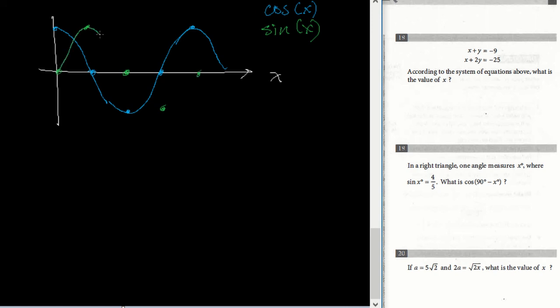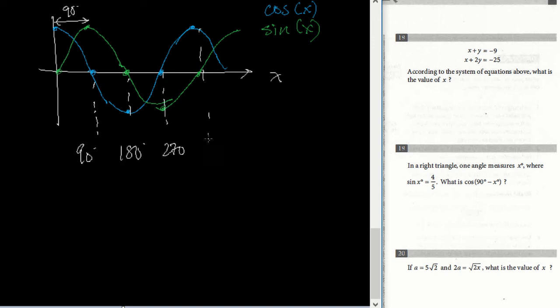So we have something that looks like this. So you see that it's the exact same graph as cosine of x, but it's just separated by 90 degrees, right? So I'll just draw my angle markings here. So this is 90, this is 180, this is 270, this is 360.